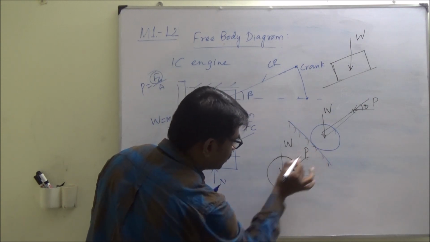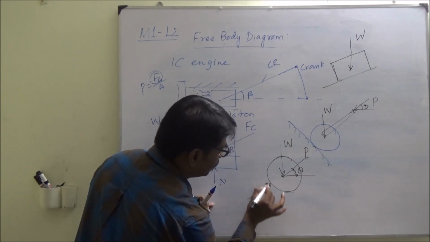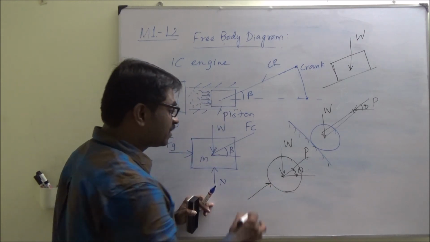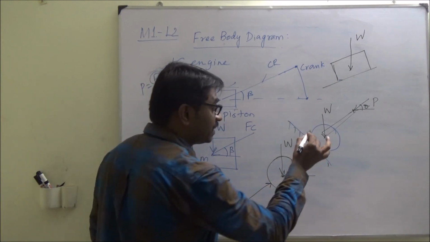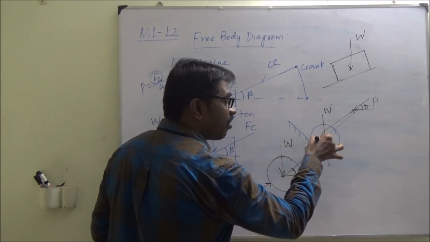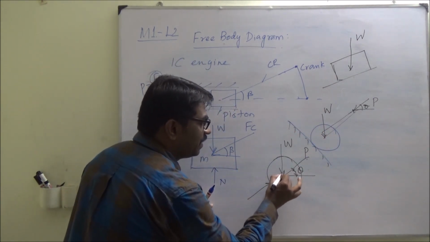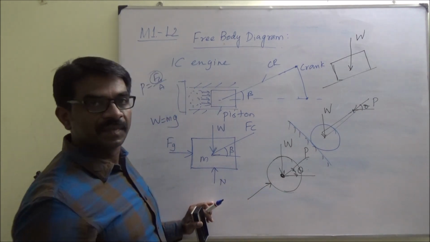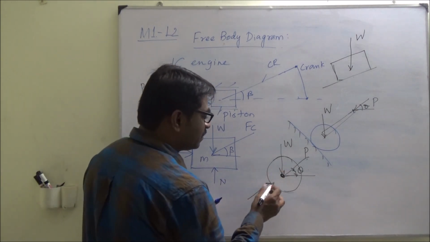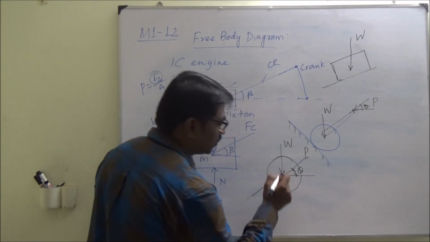So perpendicular to the surface is this, pointing to the body, because the effect of the surface onto the body I am representing like this. Now this can be thought of as a particle, so I can put this in the same line here also.